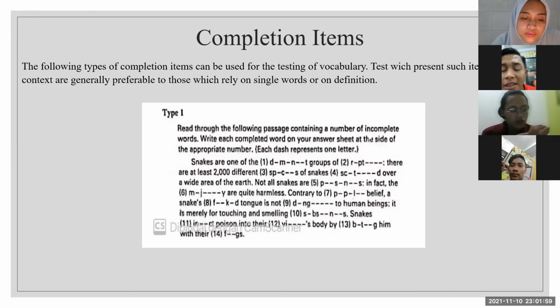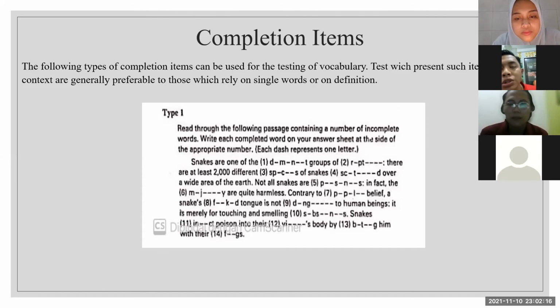When we understand this, we will know what to complete, something like "Snakes are one of the blah and blah and blah blah blah." The student should know what they are tested on. I think this is not hard for the student. And then we're going to the next slide.